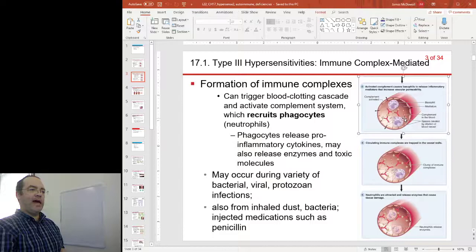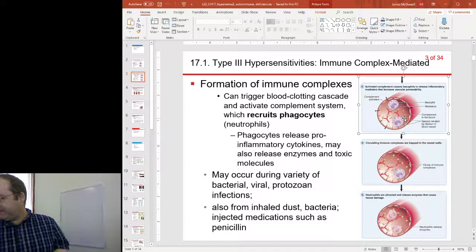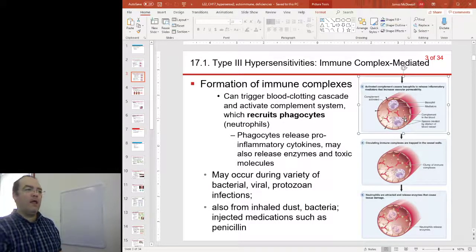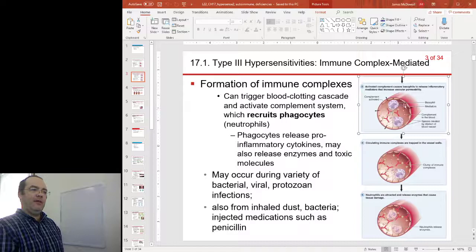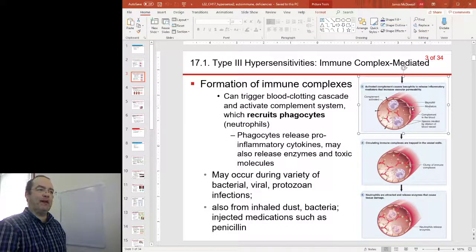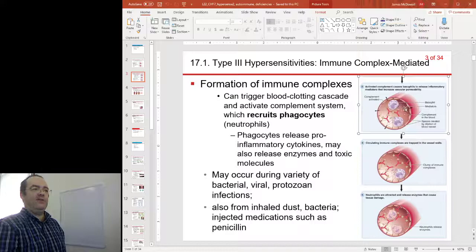So continuing on with our pictures here, we have the immune complex triggering an immune response. In this case, we have basophils releasing inflammatory mediators.